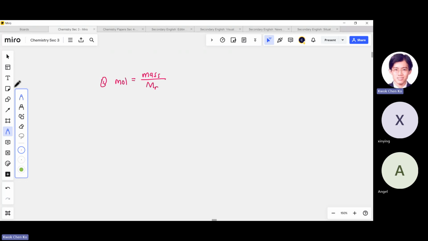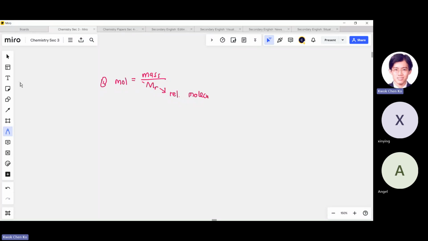Okay, you'll be using this formula for the longest time, and this is the basic one. Come, singing, MR stands for the relative molecular mass of a substance.